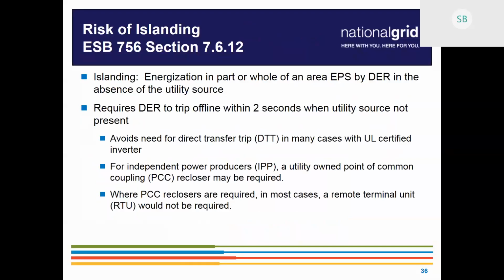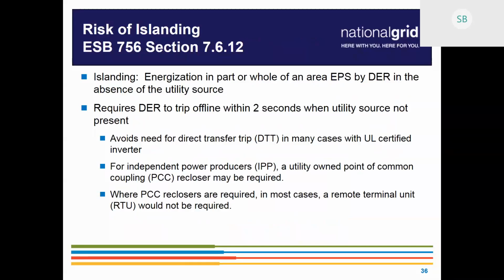That's not the way it's supposed to work, and it's required that all DER resources trip offline within 2 seconds. Many times the anti-islanding algorithms in the inverters will capture this, and we can ensure that everything will trip offline. Sometimes we end up in a situation where that's not the case, and we can't confirm that that's going to happen, mostly due to DG load ratios.